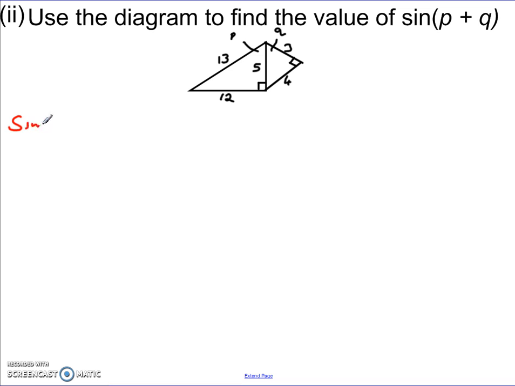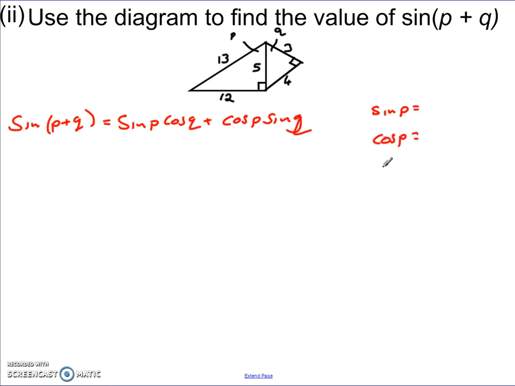The expansion we can use is, we know sine of P plus Q is going to be sine P cos Q plus cos P sine Q. And I can use these 2 triangles to get my sine P, cos P, sine Q, and cos Q to plug in there. From the triangles, I'm able to just write them all down, just by looking at them. They're all little right-angled triangles, so SOHCAHTOA comes into play.